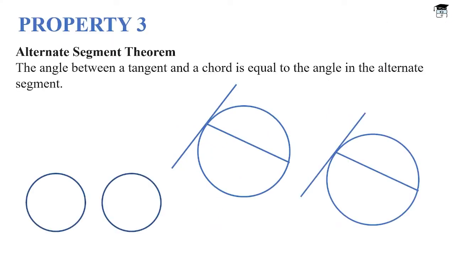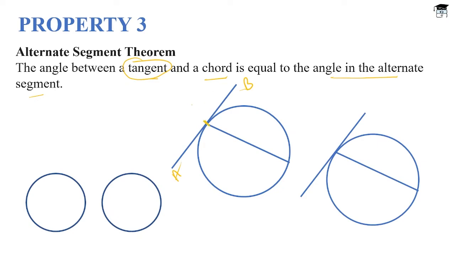Let's quickly move on to the third property, known as the alternate segment theorem. It says that the angle between a tangent and a chord is equal to the angle in the alternate segment. We understood what a tangent is when we did the important terms. AB here is a tangent, touching the circle at this point.